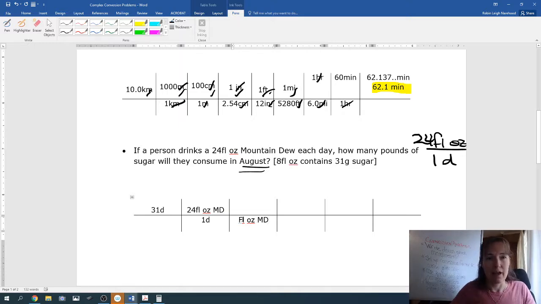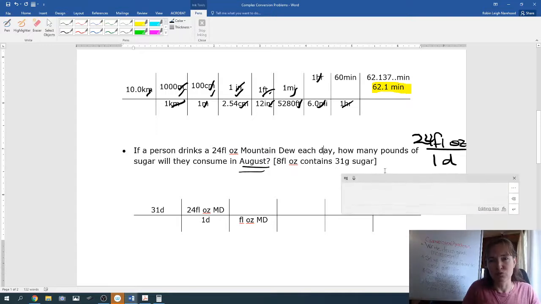So fluid ounces of Mountain Dew is what we're going to put next. And we are given a conversion factor here. Here's another one. 8 fluid ounces contains 31 grams of sugar. And so this is a relationship between the drink and one of the things that's in the drink.